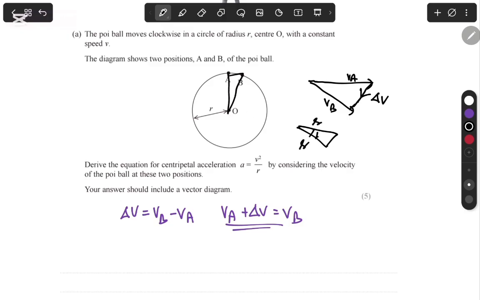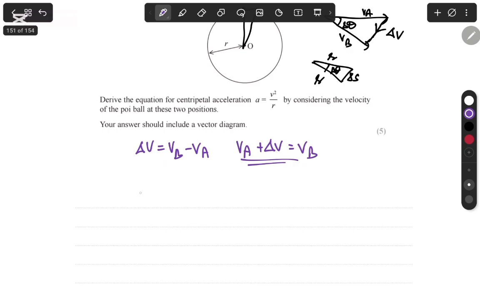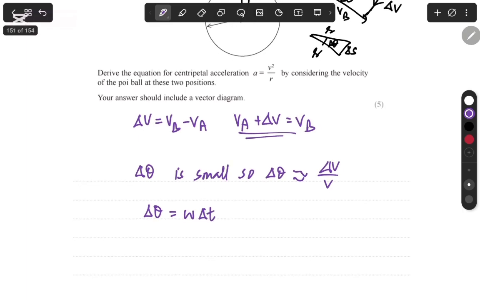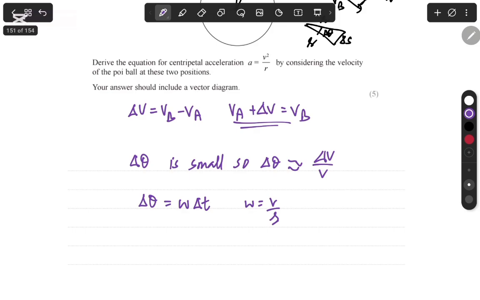This has r, change in theta, change in s, and this is also change in theta. We can say that change in theta is small, so change in theta is approximately equal to change in v over v. Change in theta is equal to ω change in t, and ω is equal to v over r.